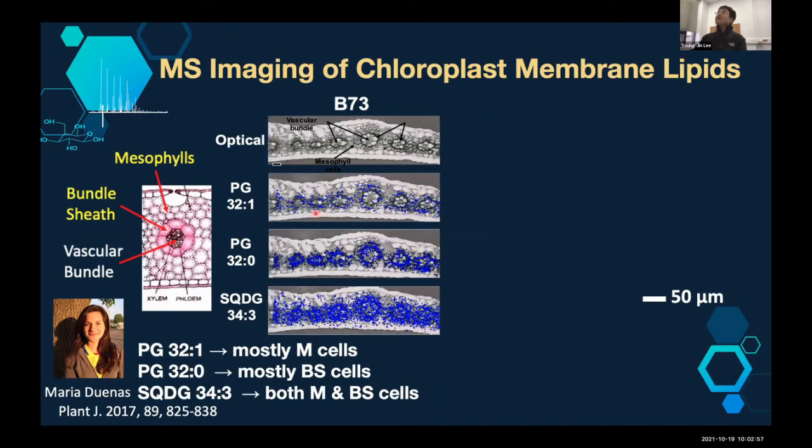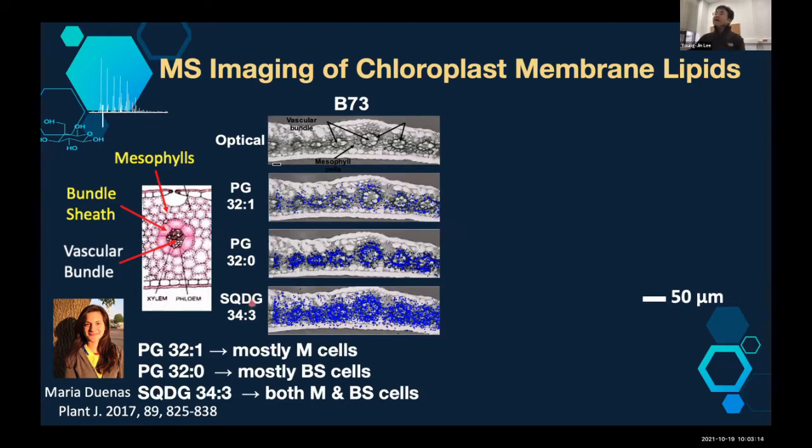Here is another application to maize leaf cross section. We are looking at two different chloroplast membrane lipids that you can see in negative mode.